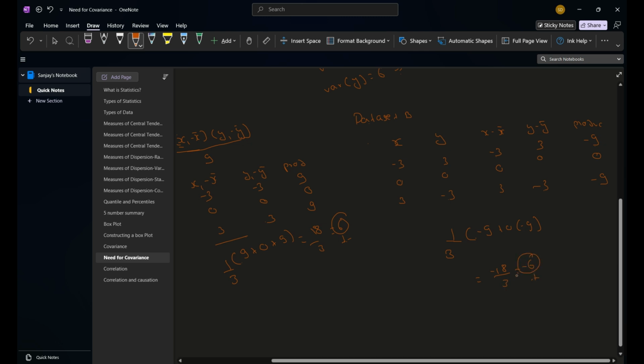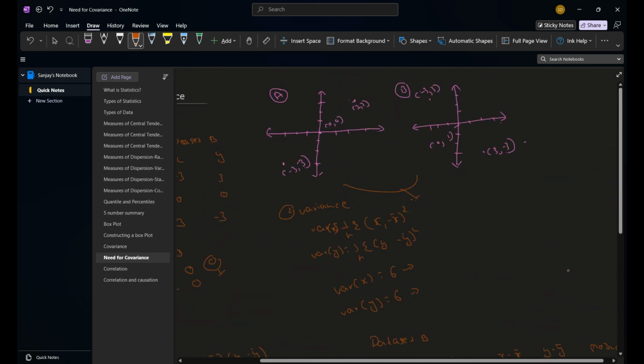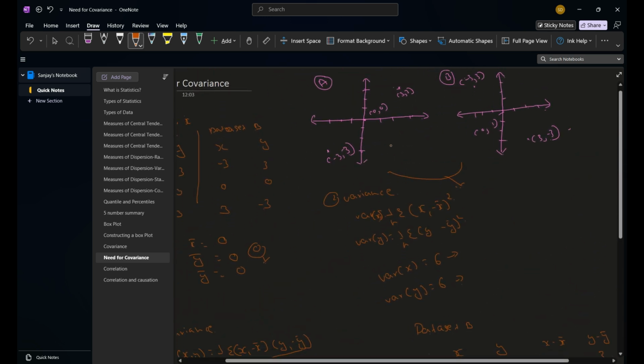So this is the difference. For dataset A, we are getting the covariance of 6. For dataset B, we are getting the covariance of minus 6. Why? From the dataset itself, we can clearly understand that dataset A has a positive linear relationship, because if one variable increases, the other variable also increases.